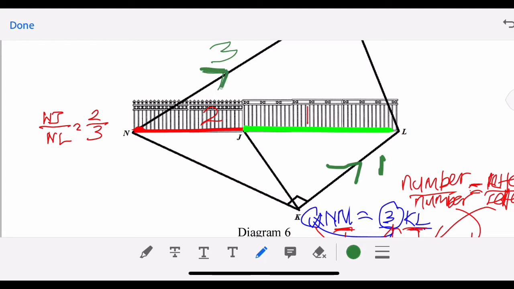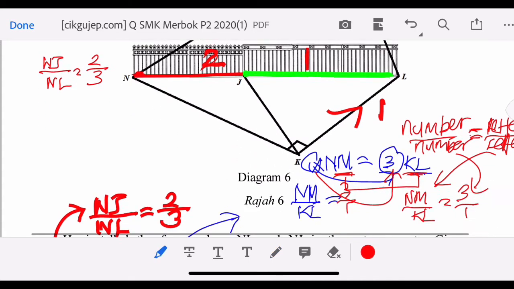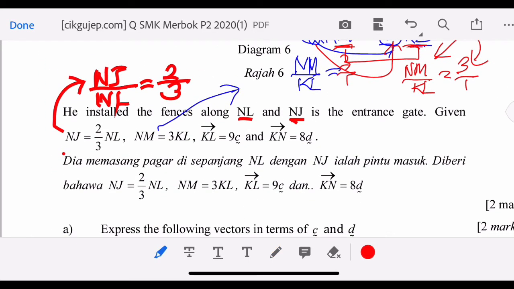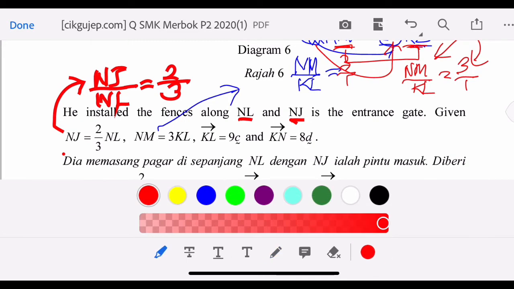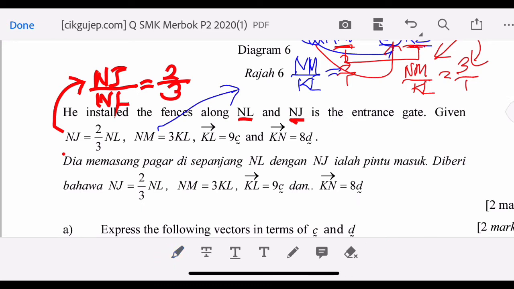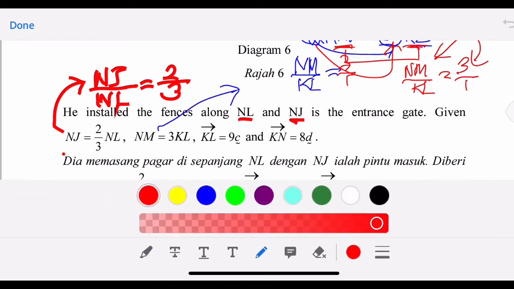Sometimes they give you the line segment without the arrow. For all the ratios here, they didn't mention the vector, so it's actually a ratio of the line segments. Then they say KL is 9c, that is a vector.